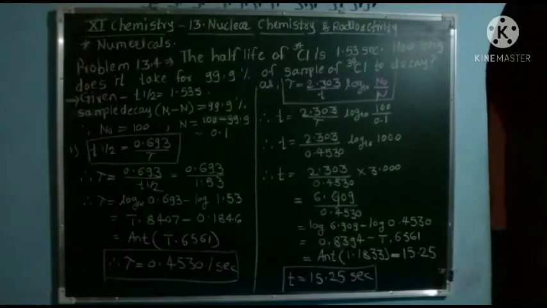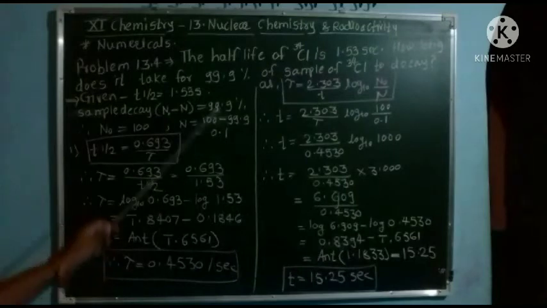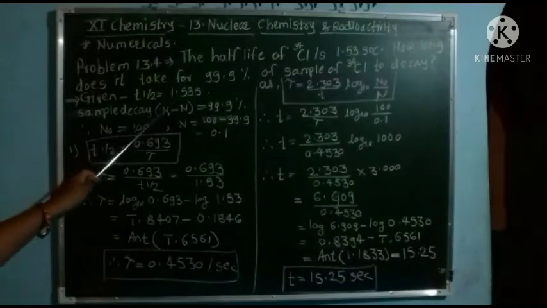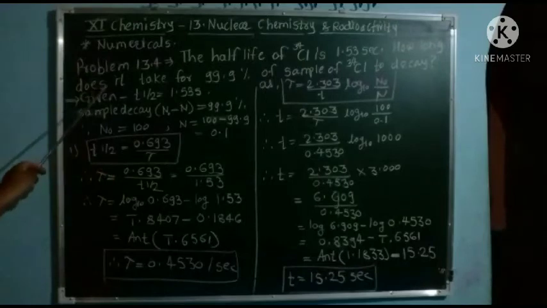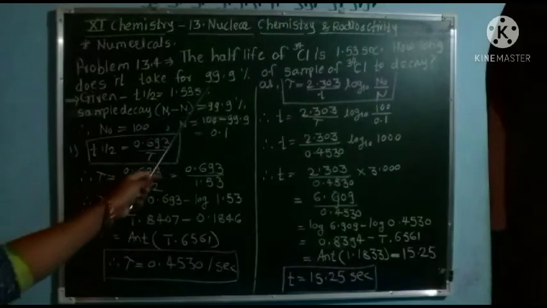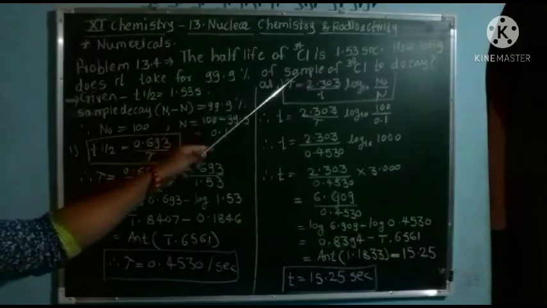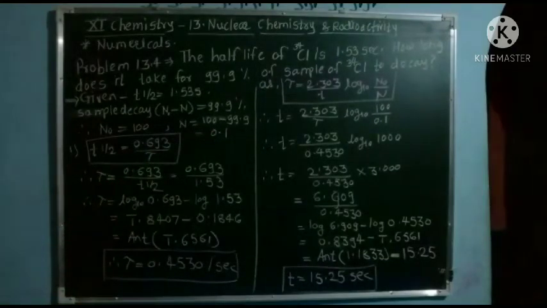Now here in this numerical, the half-life of chlorine is given, that is 1.53 seconds. How long does it take? It means time is asked here. Time is asked for what? T is asked for 99.9% of the sample of chlorine to decay, means 99.9% of the sample decays.